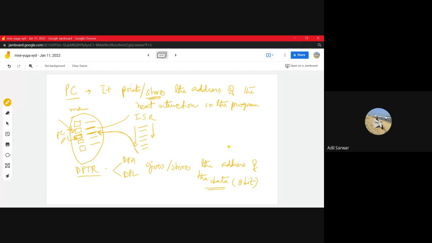Say for example, it is stored somewhere in external RAM or external ROM. So that address would be 16-bit wide, where that data is stored. Data itself is 8-bit, but it is stored somewhere in external RAM or external ROM, so that address would be 16-bit wide. Okay, so that address is stored in DPTR.